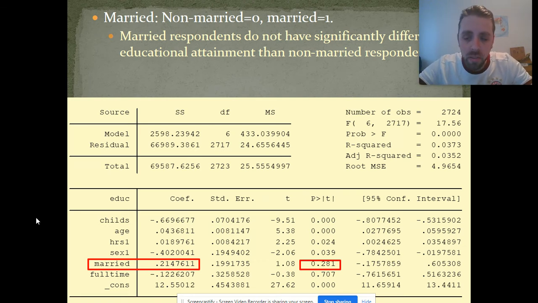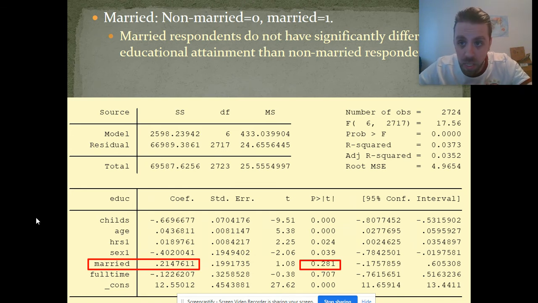So I'll give you two ways that you can appropriately interpret non-significant coefficients. If I'm dealing with this type of categorical predictor, I can say, as I have here, married respondents do not have significantly different educational attainment than non-married respondents. Or it would be equally correct to say sex is not a significant predictor of educational attainment.